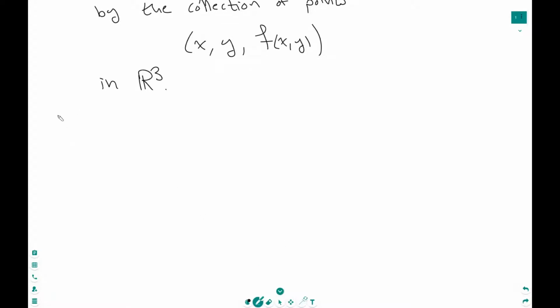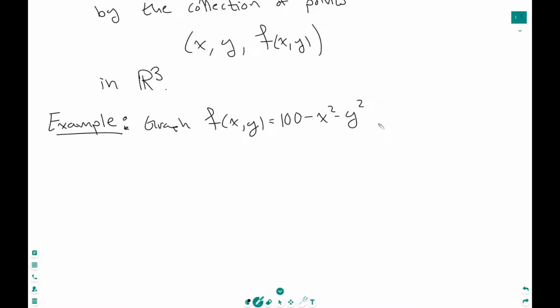So an example would be to graph the function of x and y, which is equal to 100 minus x squared minus y squared.